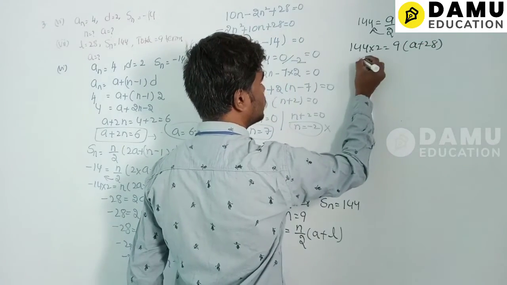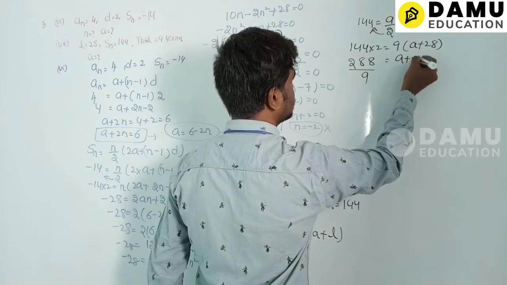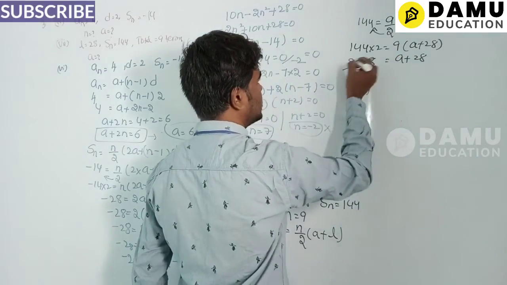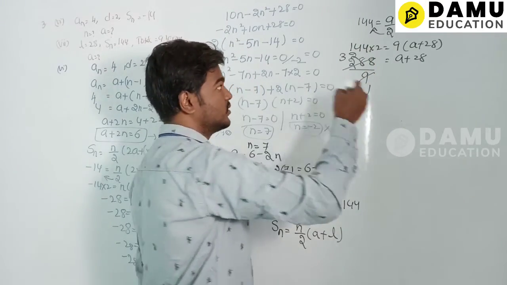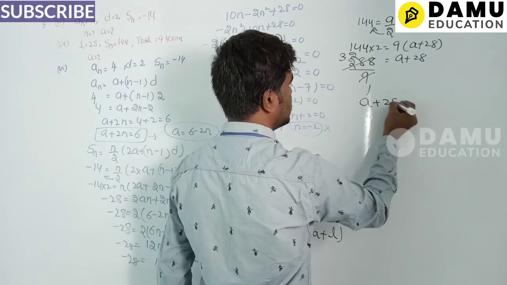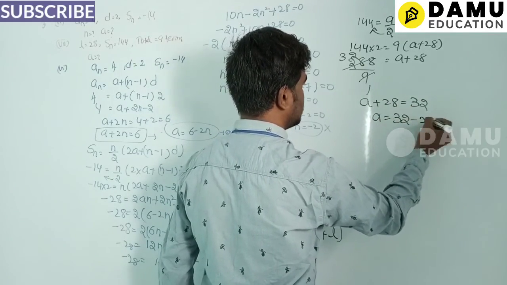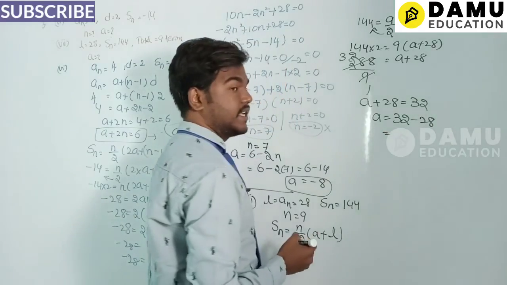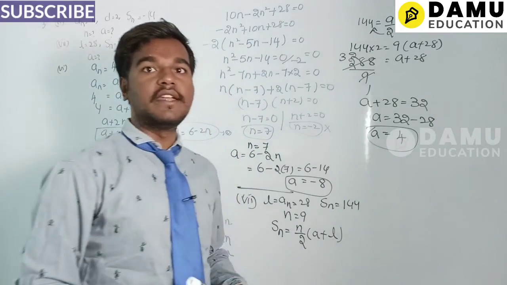So 2 4s are 8, 2 4s are 8 and 2 2s are 4. Then this will be equal to 9 into a plus 28. So 9 1s are 9, 9 3s are 27, 9 2s are 18. Then a plus 28 will be equal to 32. Then a will be equal to 32 minus 28. So 32 minus 28 is 4. So a will be equal to 4. This is the way to find it.